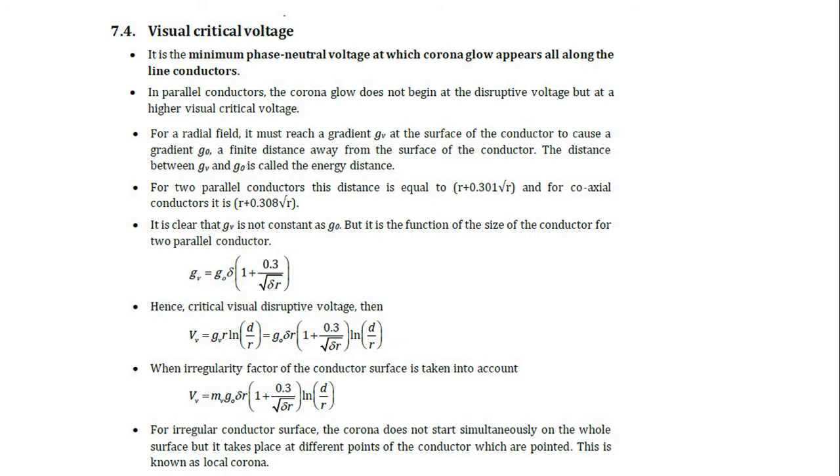It is important to note that at the disruptive voltage, corona forms a faint glow that may or may not appear. However, when the voltage rises above the critical visual value, a flash over occurs all along the length of the conductors. Naturally, the value of the visual critical voltage is more than the disruptive voltage.